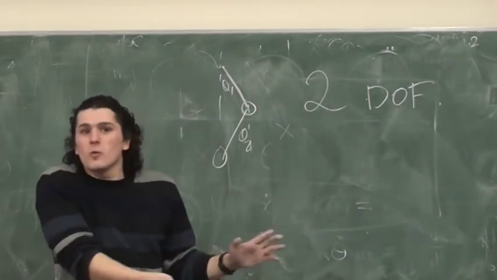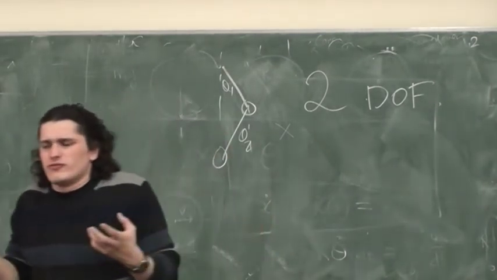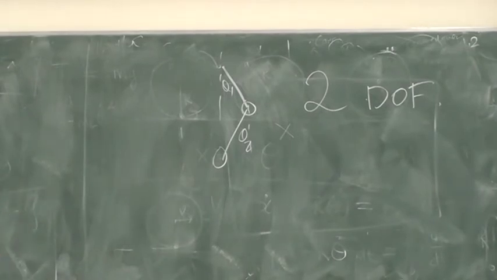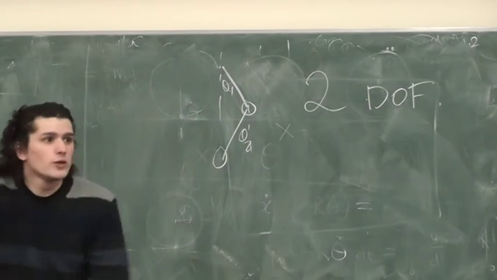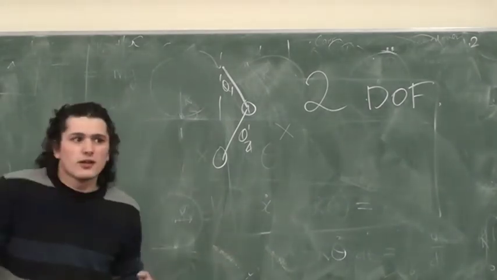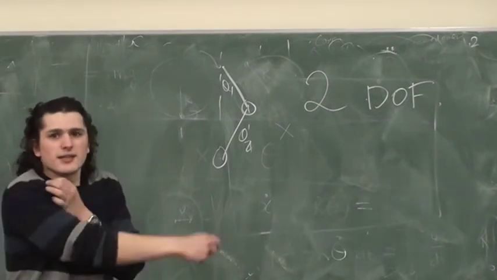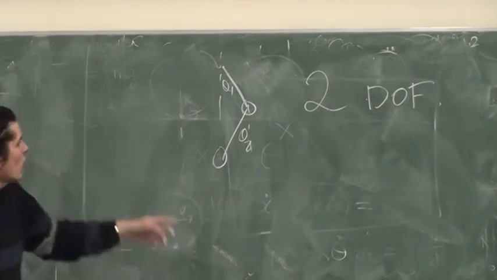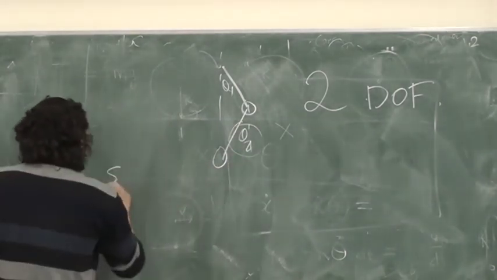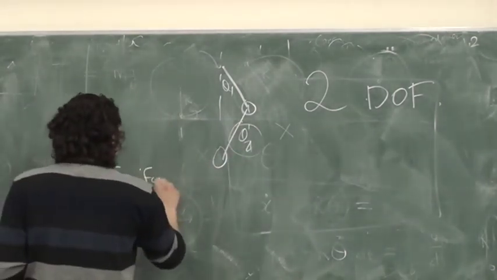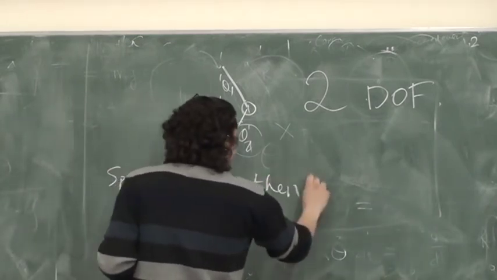Then I know, without any free parameters, exactly where the first one is going to be as a function of time. It's not free to move. I'm moving it. Right? So then this is no longer a coordinate. It's merely a parameter. And the only coordinate left will be this one. So if I specify theta 1 as a function of time, then it becomes a parameter.